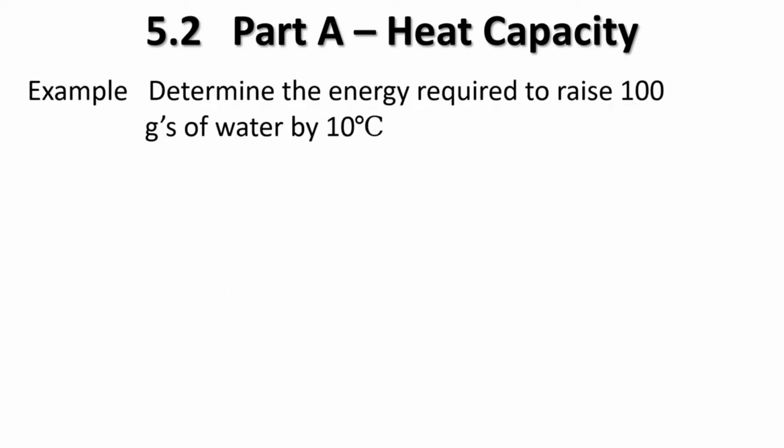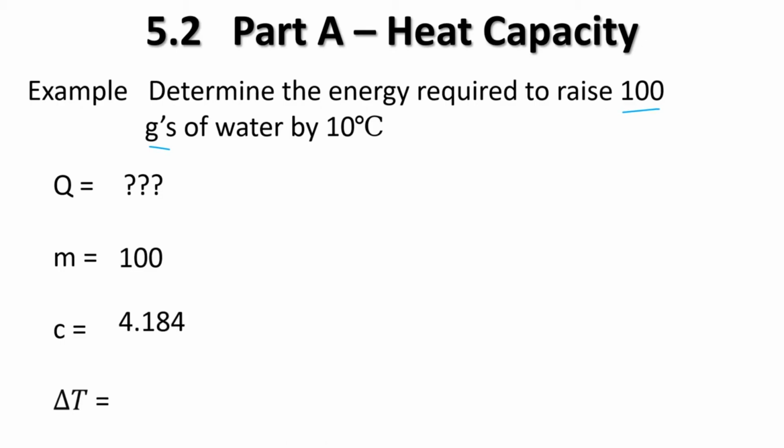So let's do a couple of examples before you get to work here. Let's determine the energy required to raise 100 grams of water by 10 degrees Celsius. So there are your 4 values. The question's asking us to determine the energy. It's given our 100 grams of water, because that's what's going to be undergoing the temperature change. So you need to look up the specific heat capacity of water at this time.